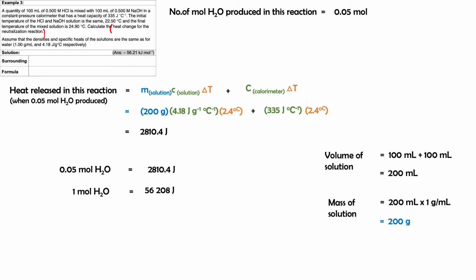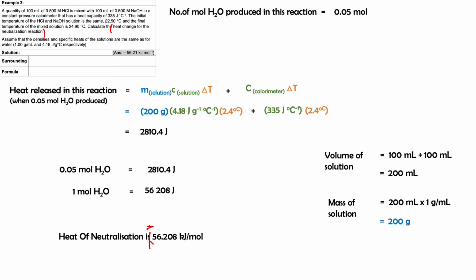But again, like I said, we have to rewrite the answer. The heat of neutralization is 56.208. Again, I forgot to add the sign negative. You have to write negative 56.208 because this reaction is producing heat.